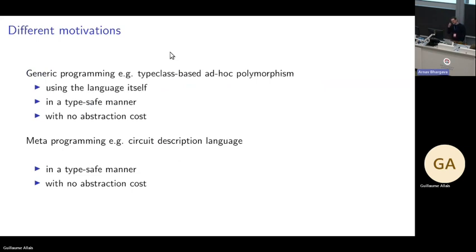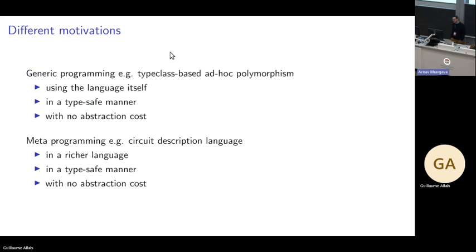The difference between generic programming and meta programming is that for generic programming, you're using the language itself to describe some constructs that are useful. And then the specialization goes from the language back to itself. But you didn't need to write as much code because you had these very generic programs you could just instantiate.